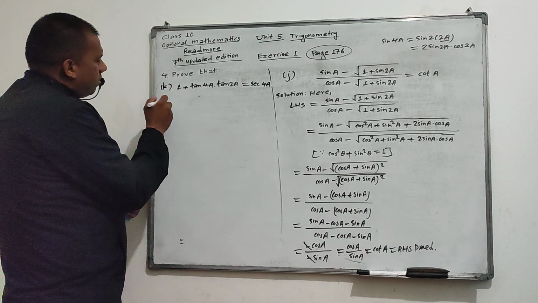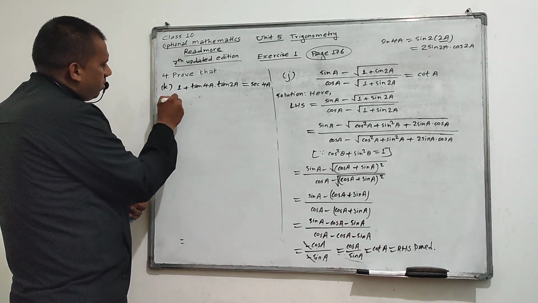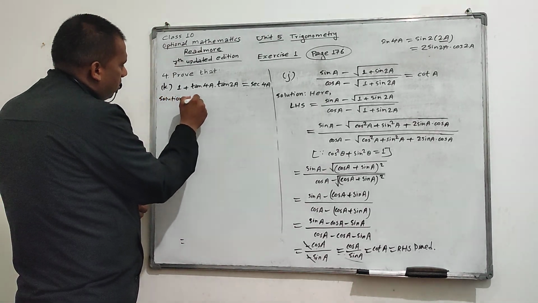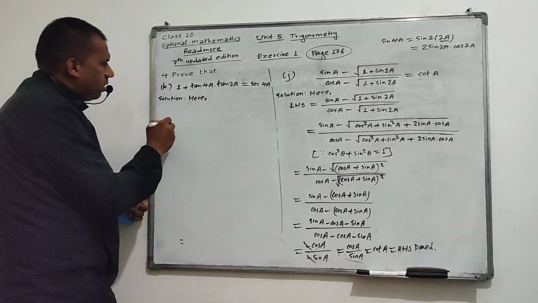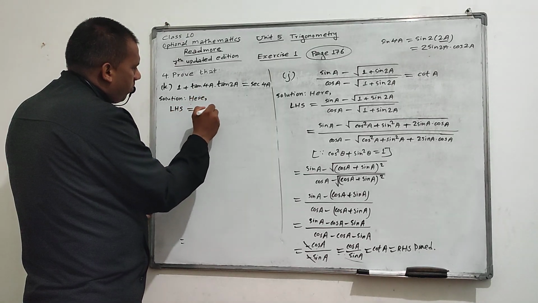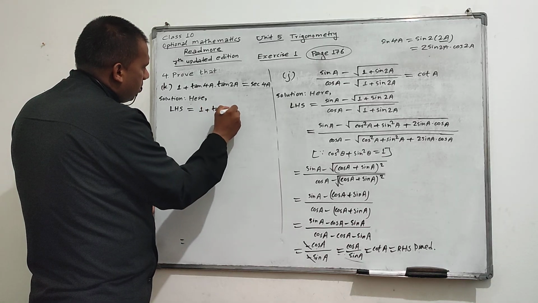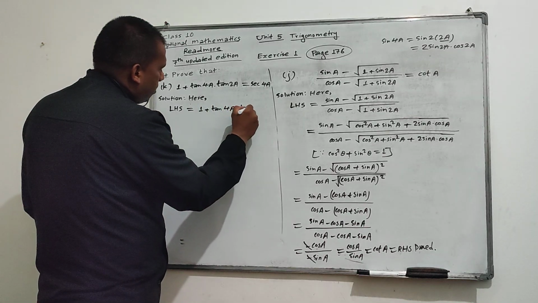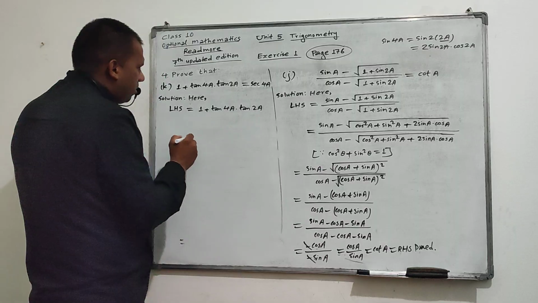Now the solution here. LHS equal to 1 plus tan phi dot tan phi.